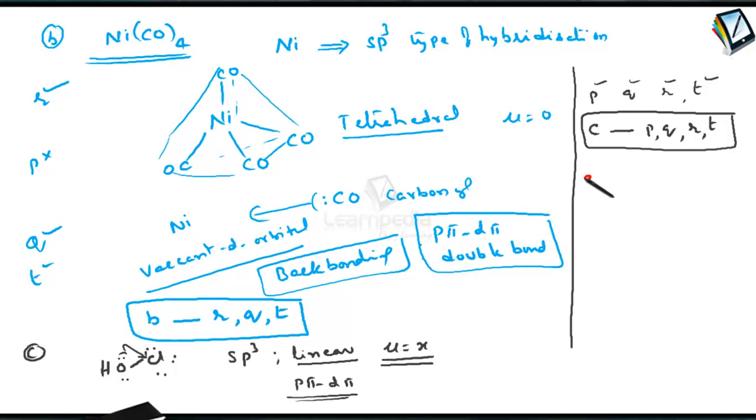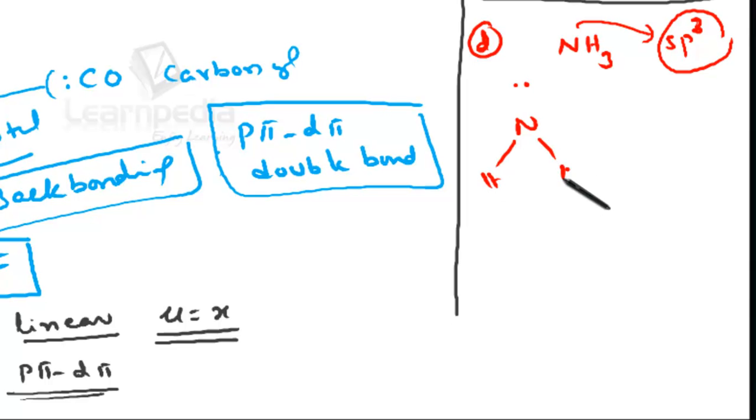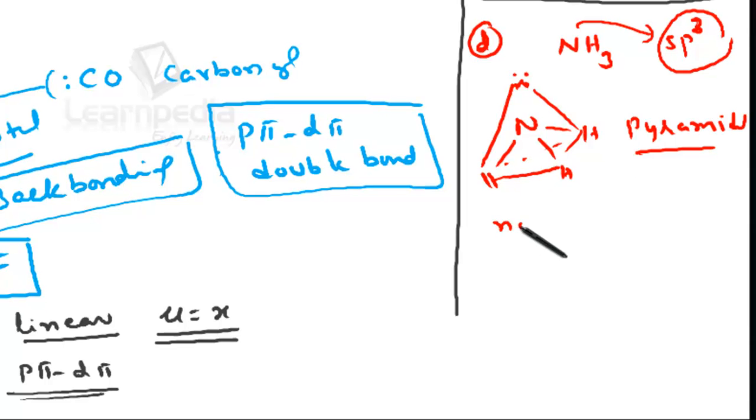And in D we have ammonia, NH3. In NH3 the central atom nitrogen possesses sp3 hybridization, with 3 bond pairs and 1 lone pair. So it will have a pyramidal shape. No back bonding.